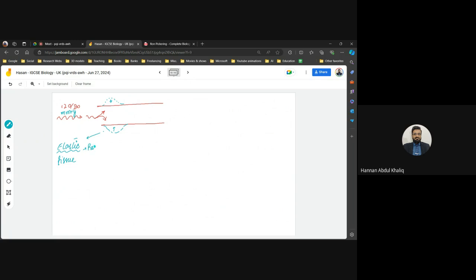Elasticity means the thing would recoil. It would go back, and now the blood that made the artery swell would be getting the pressure back from the wall of the artery. You can say that this pressure would be created by the artery.